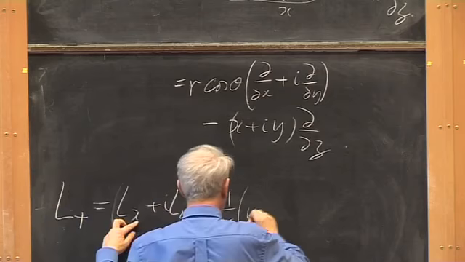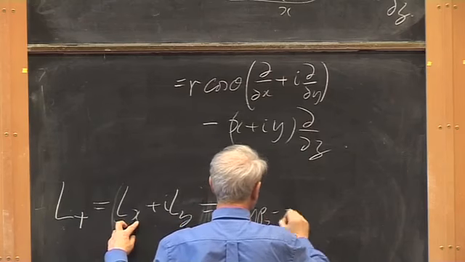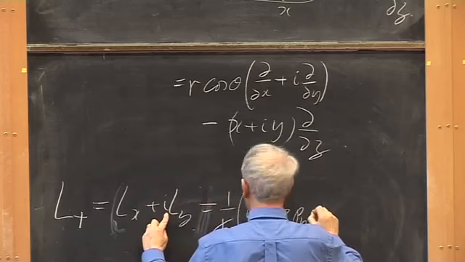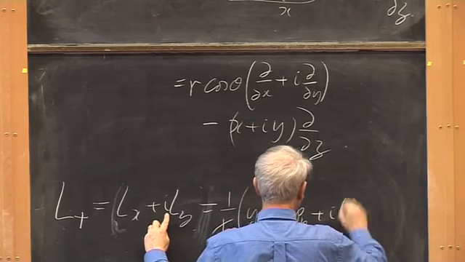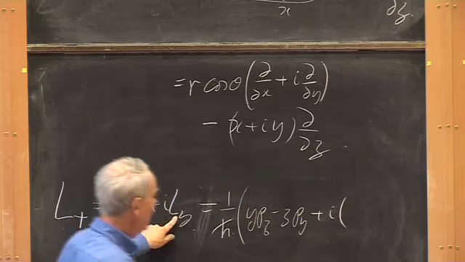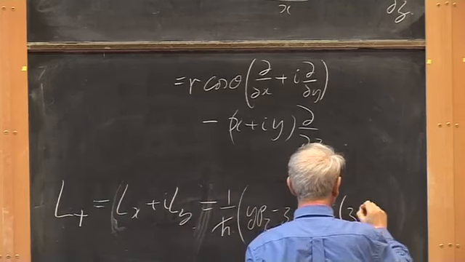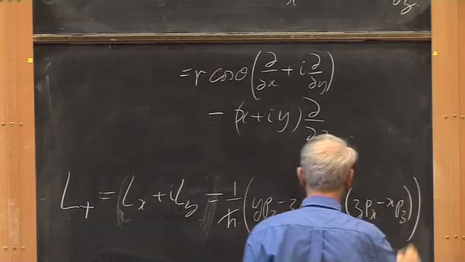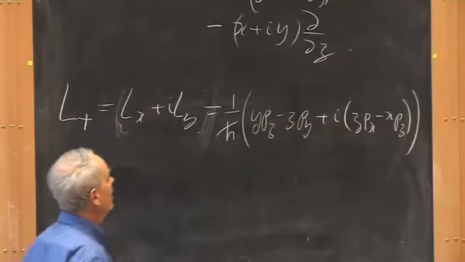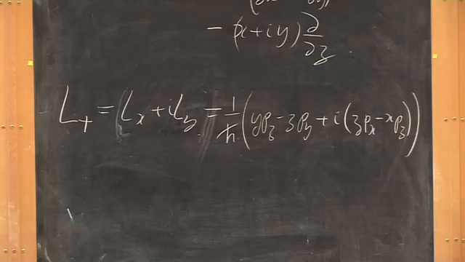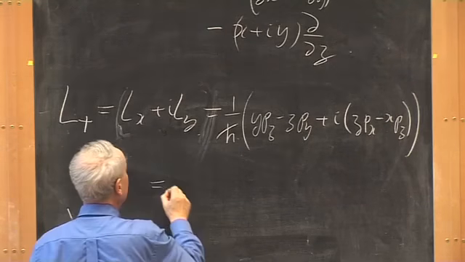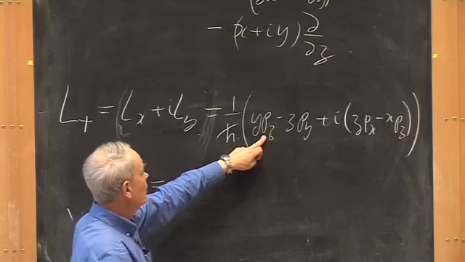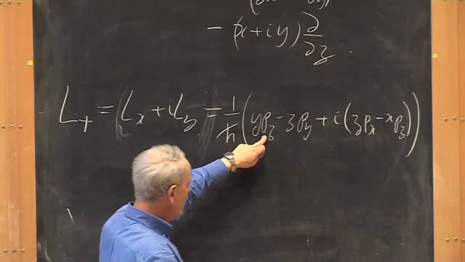It's y pz minus z py, plus i times Ly, which is z px minus x pz. So now I want to turn this into d by dx's. So this is minus i h bar d by dz.